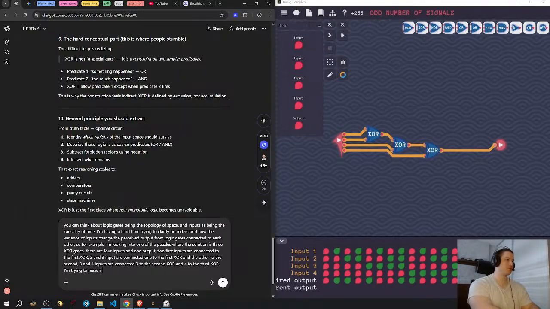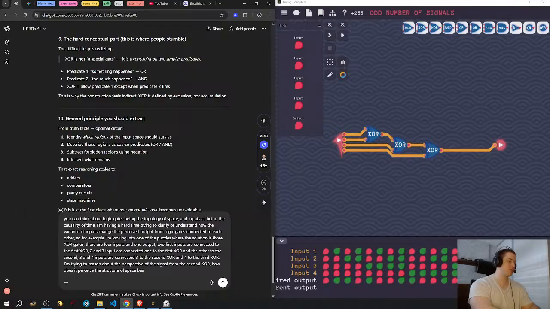Trying to reason about the perspective of the signal on the second XOR. How does it perceive the structure of space based on the input state?